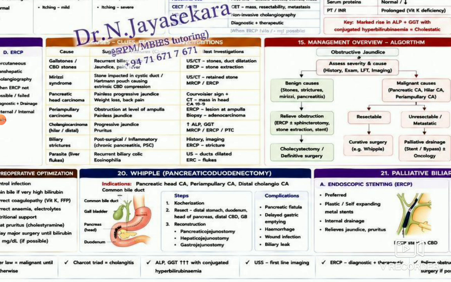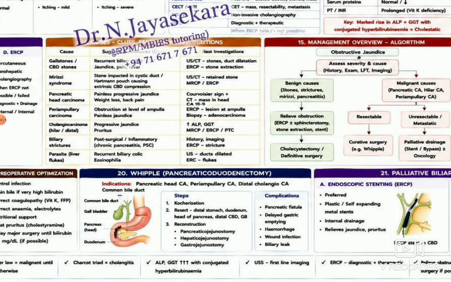What is removed? In classical Whipple procedure, the surgeon removes the pancreatic head, duodenum, distal CBD, gallbladder, and part of the stomach. Reconstruction. Then reconstruction is performed using pancreaticojejunostomy, hepaticojejunostomy, and gastrojejunostomy.